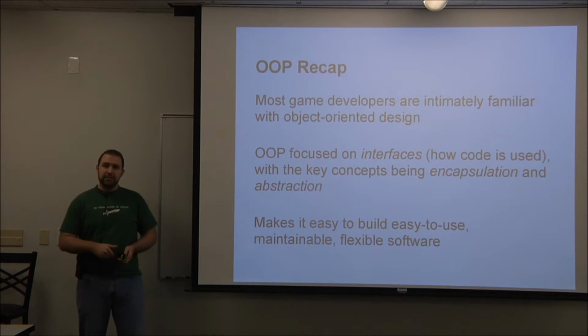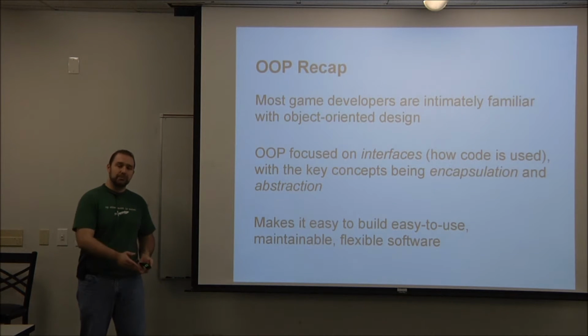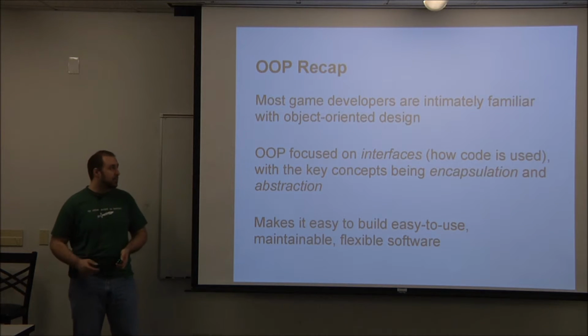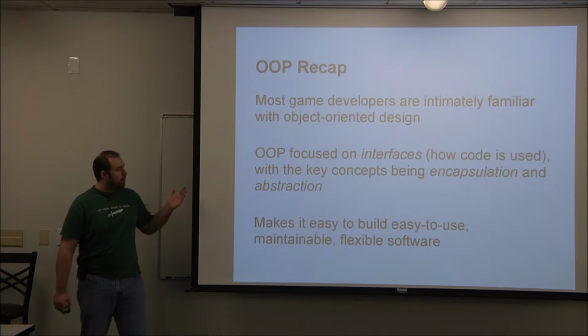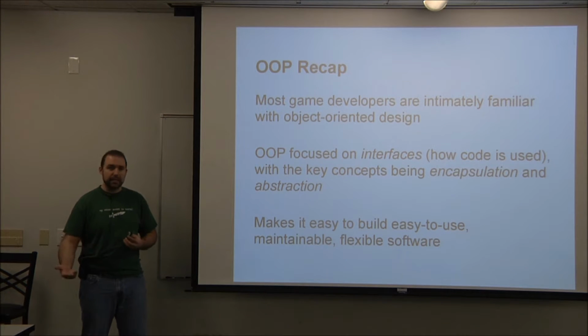So to give you a little bit of an idea as to what data-oriented design is good for in contrast to object-oriented programming, let's go over some of the points of what object-oriented programming is really all about. Object-oriented programming focuses on interfaces and the way that different objects interact with each other in the system. It's about abstraction, encapsulation, ensuring that you have these components that can work together and work independently.